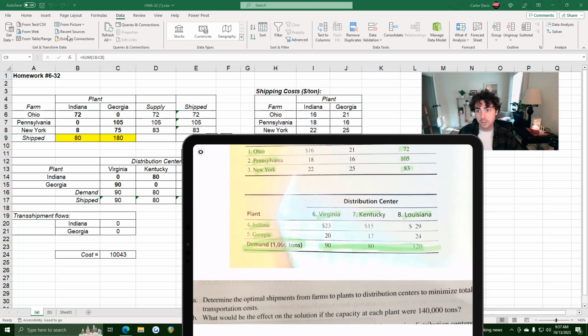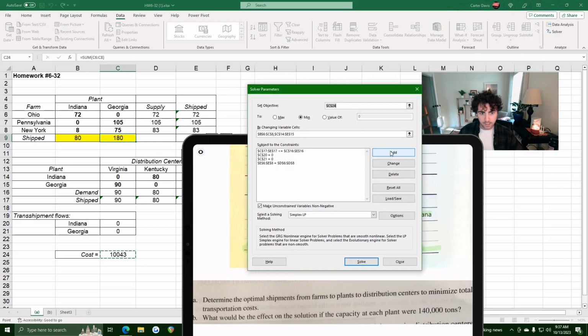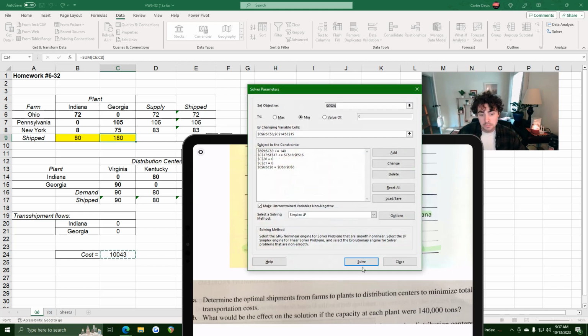And so what we're gonna do, just play around with it. We're gonna just add that into the solver, and hopefully it just works out. So what I'm gonna add is that these cells here, however much was received to the plants, have to be less than or equal to 140, because we're speaking in thousands of tons here, right? Let's see how that works.